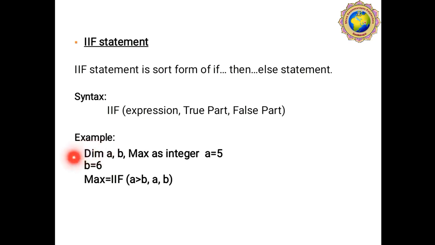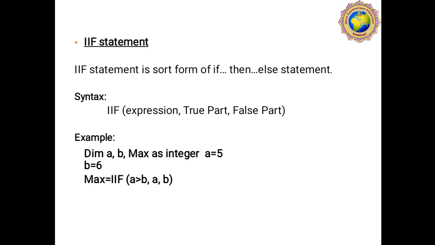Dim is nothing but declaring a variable in memory. Whenever we declare a variable, we have to use the Dim keyword, and we have already seen the concept of variables.